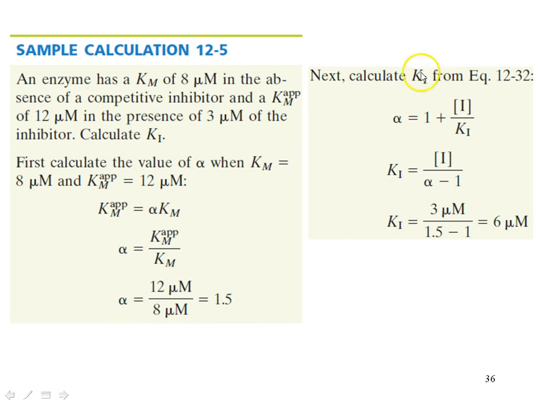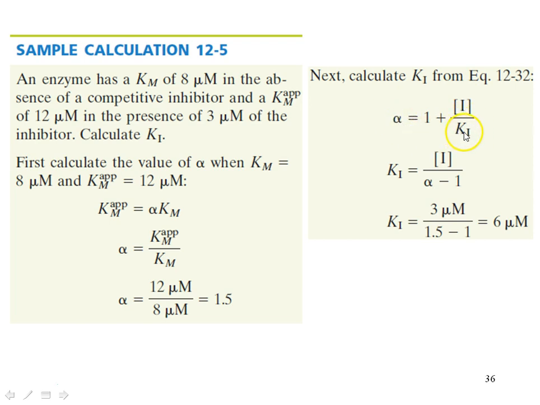And you know that alpha is defined as 1 plus the inhibitor concentration over the dissociation constant of the enzyme inhibitor complex. And I do know the inhibitor concentration. It is given in the question here, in the presence of 3 micromole per liter of inhibitor. So I know [I], I know alpha.